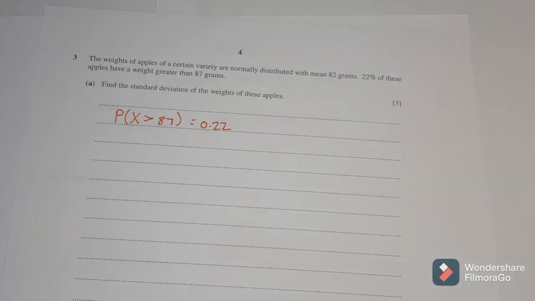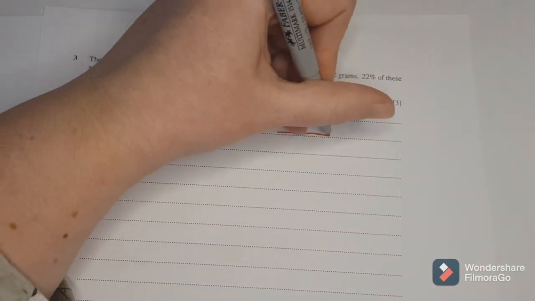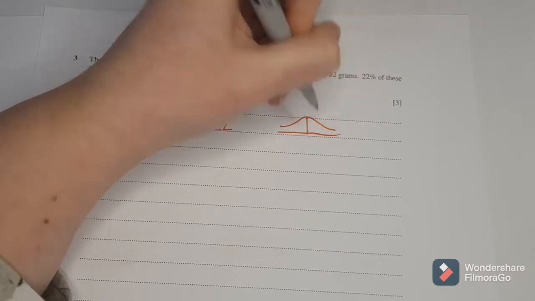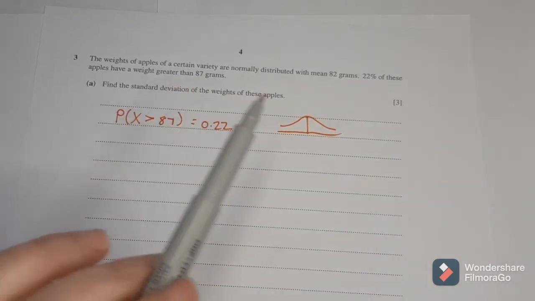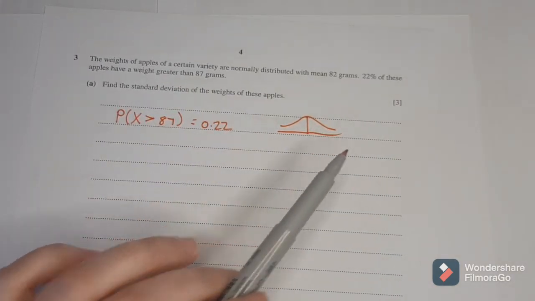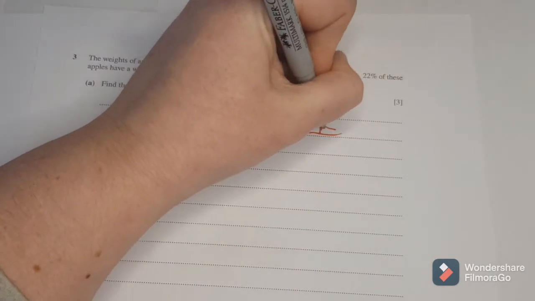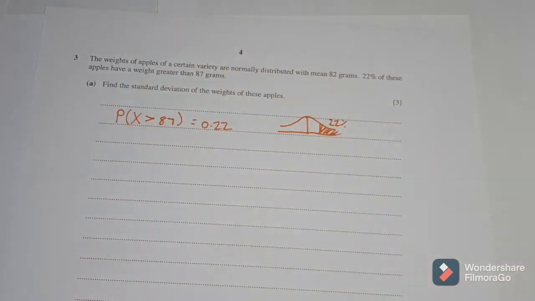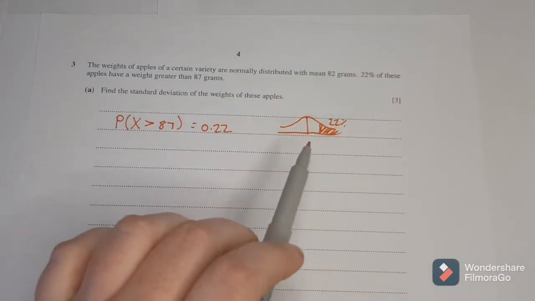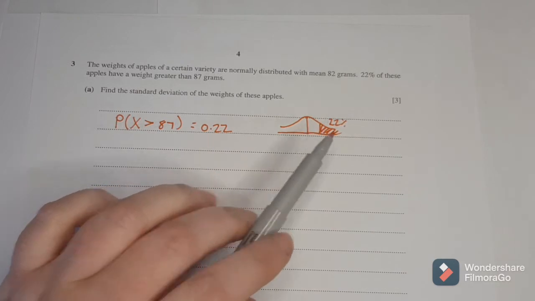Okay, so now that I know that, I can draw my curve. And I want 22% of that curve for being greater than. So greater than means it's going to go to the right, and it's only 22%. So it's only everything there. So now I know, since this is the curve, what I normally would have done is said 1 minus.